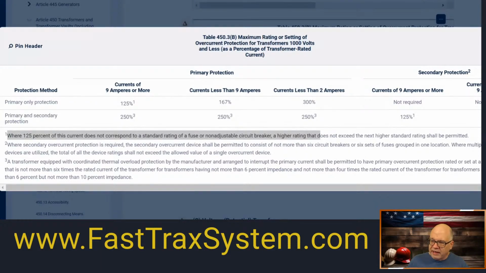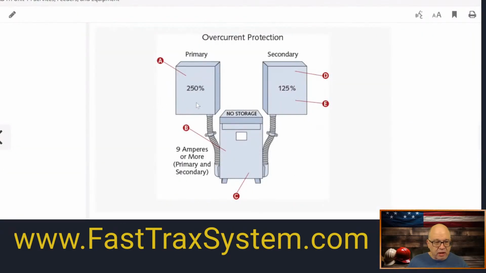So in this scenario right here, how would I protect this transformer and protect these conductors? And here's where it can get tricky. Say this was a 75 kVA transformer, and it's a 480 volt primary, right?